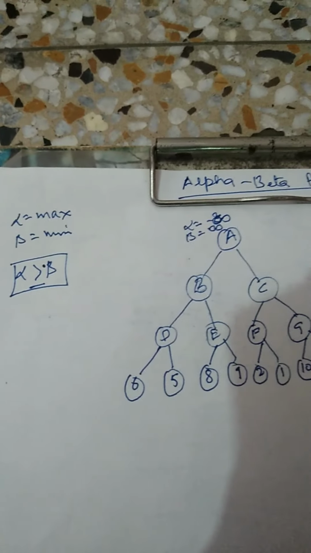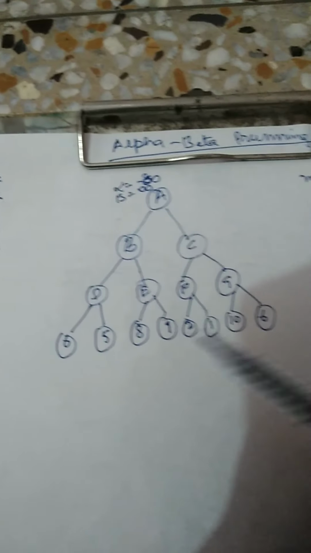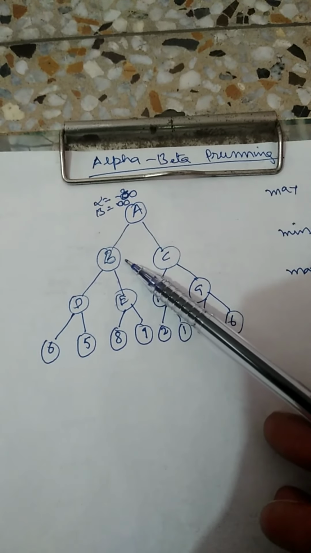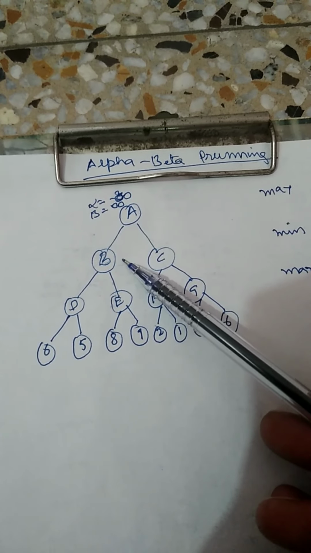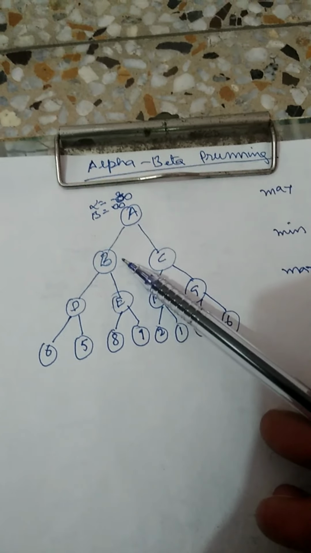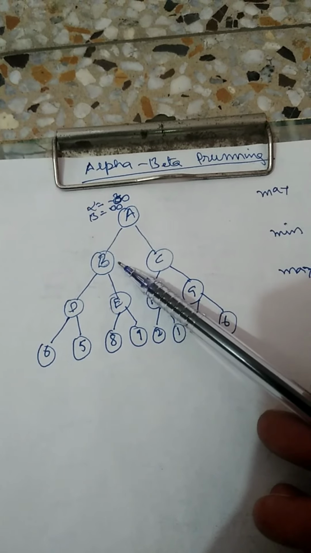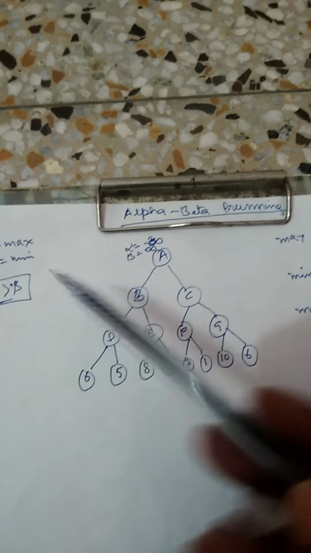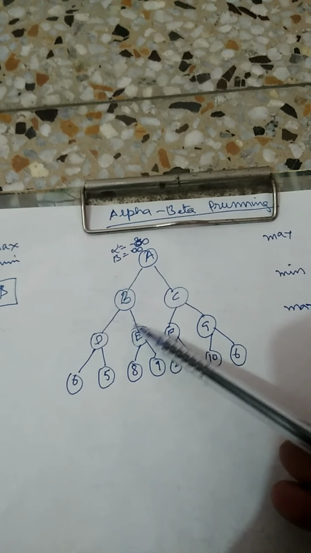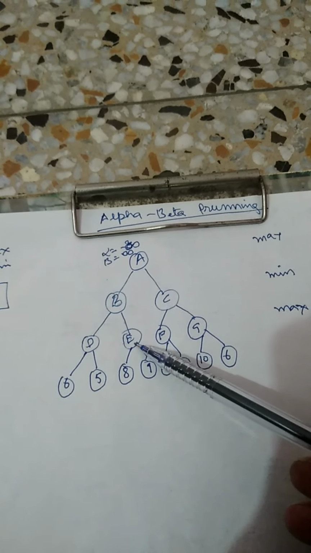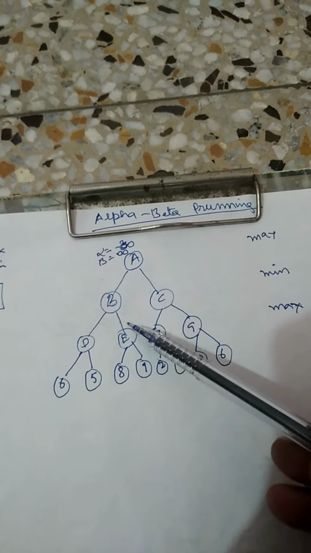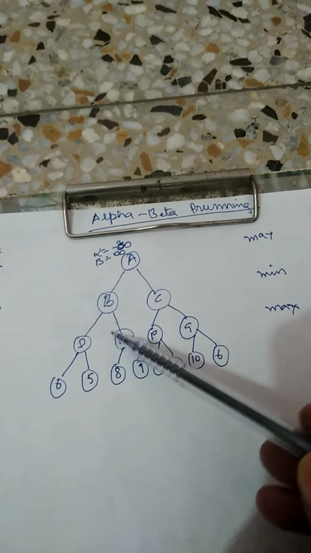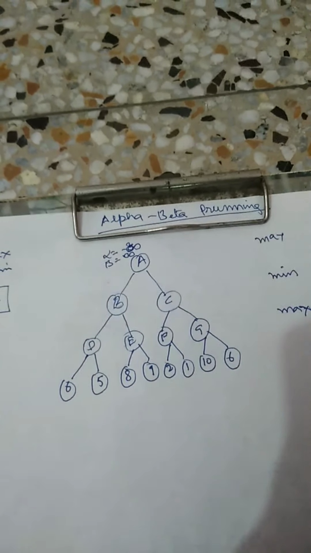Pruning simply means, if at node B the alpha value is, suppose, 8 or 10 and the beta value is 5, then alpha is greater than beta. So we prune this node and we do not explore E or the nodes below B. So pruning just means cutting off.